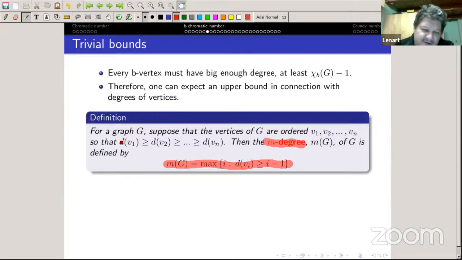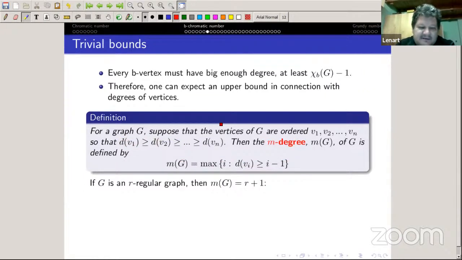And let me mention that the vertices are positioned such that they are ordered with respect to their degree. So we start with the maximum degree and proceed by falling. So the degree of v_1 is greater or equal than the degree of v_2, and so on.